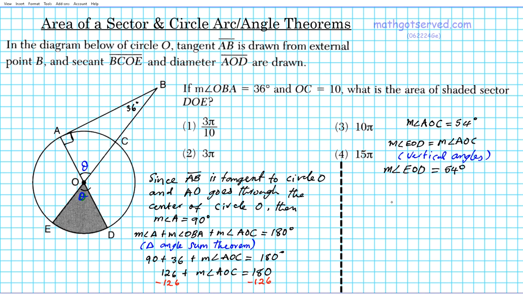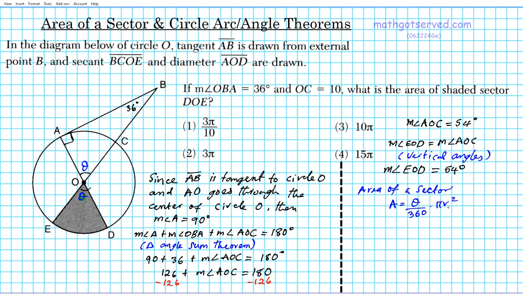Now we're going to advance to the final part, which is the area of the sector. To do that, we need a formula. The area of a sector is given by A equals theta over 360 times pi r squared, where theta is the angle of the sector.